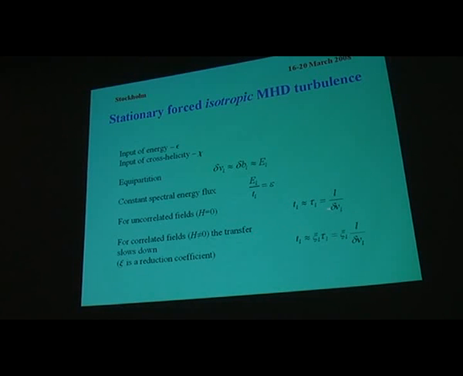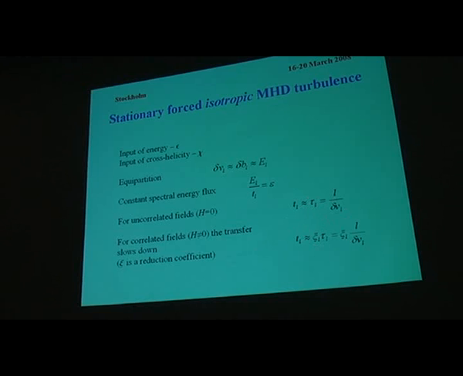The main idea in our works is that the correlation of magnetic and velocity fields slows down the efficiency of the transfer, and this characteristic time is no longer equal to the turnover time of the turbulence.